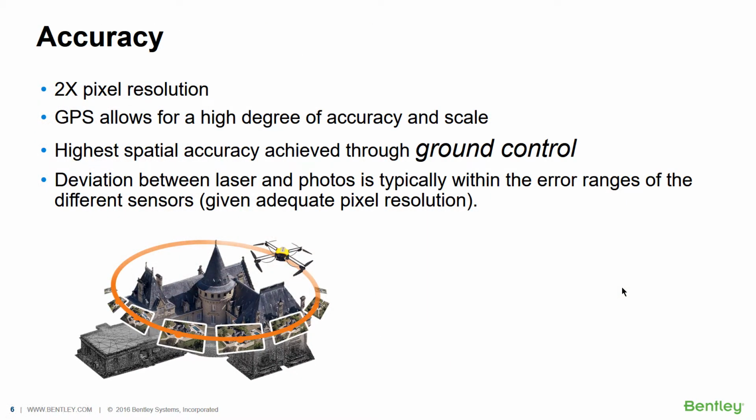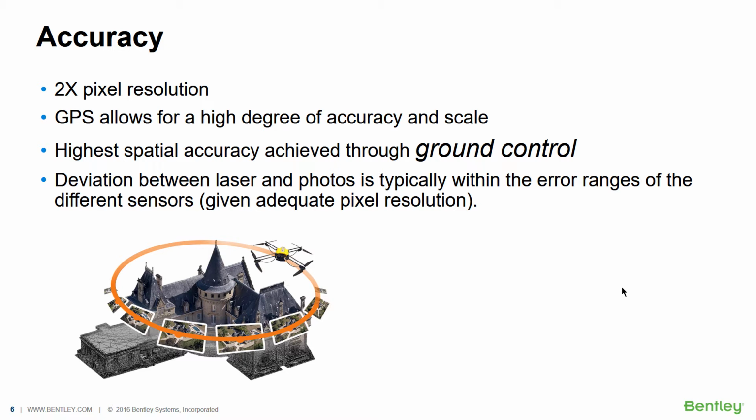Now, with regards to accuracy, people are always very interested in, well, this is nice. I can construct a three-dimensional model out of two-dimensional photos, but how accurate actually is it? The algorithm works out to be exactly 2 pixels of resolution, so 2 times the pixel resolution. We have cameras with lots of megapixels, depending on what kind of camera you have.